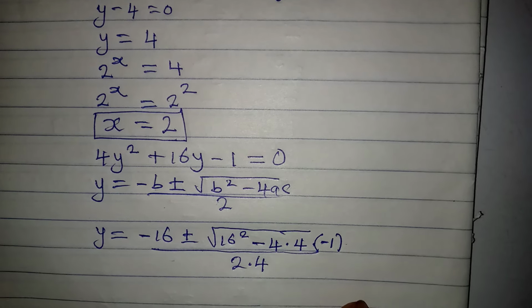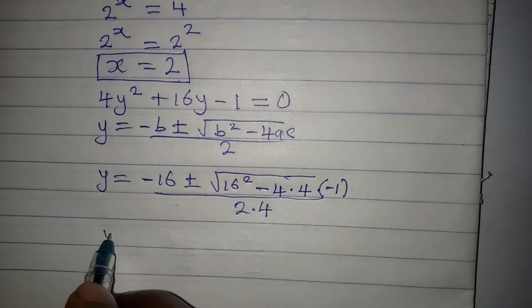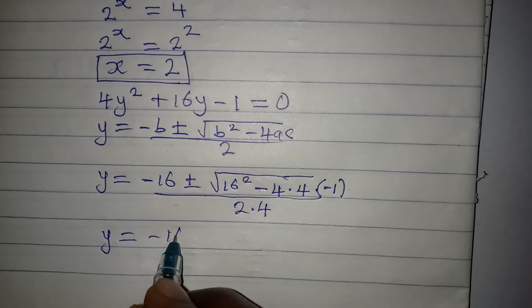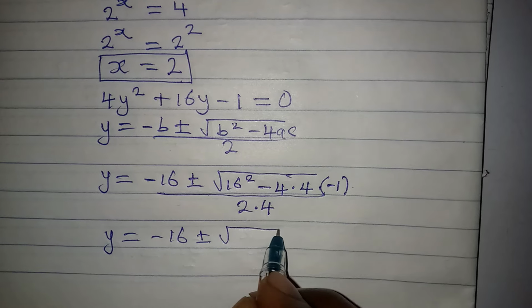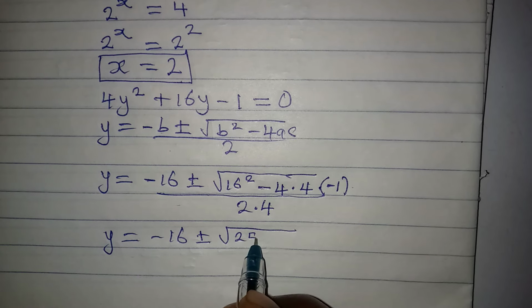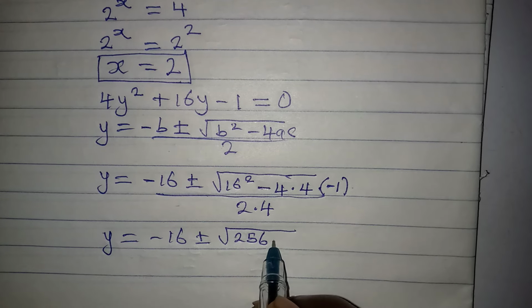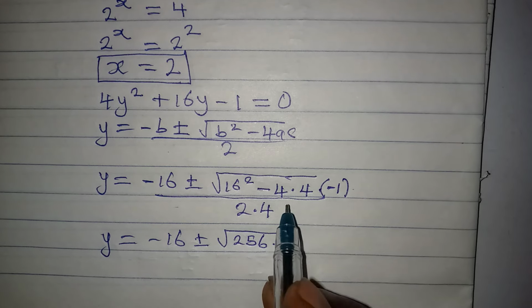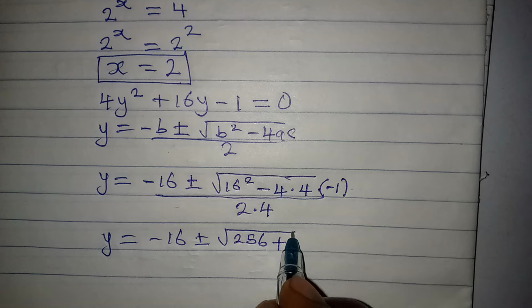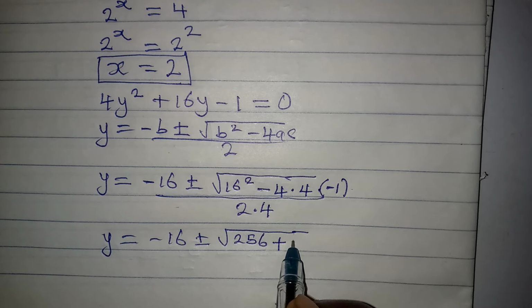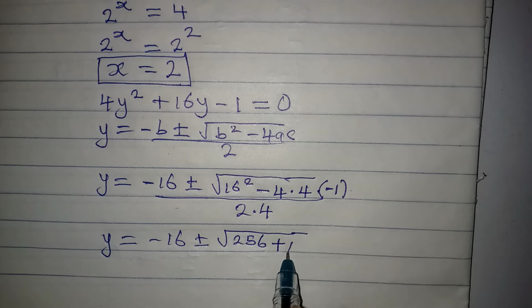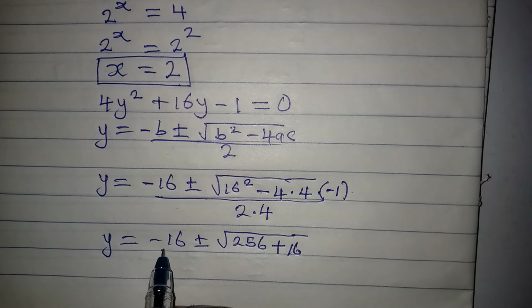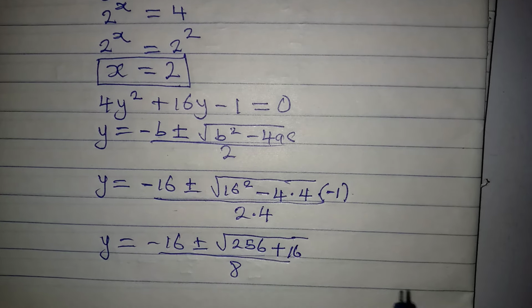Because a is 4. If we continue, y will be equal to minus 16 plus or minus 16 squared will give 256. Then this will turn to positive because of this negative and this. 4 times 4 times 1 will give us 16, right? So we will have 16 over here, and this will be over 8.